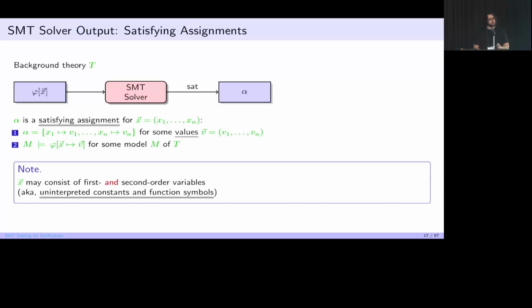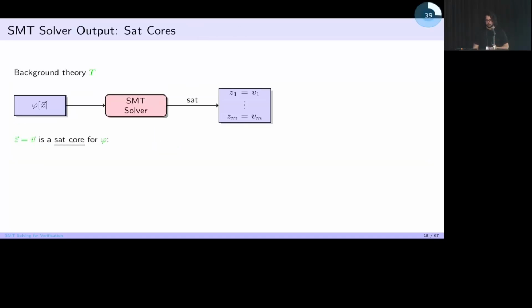But this counterexample may contain spurious parts. So one thing that is also helpful to get out of SMT solvers is what we call a SAT core, which is a subset of a satisfying assignment that suffices to make the formula true.